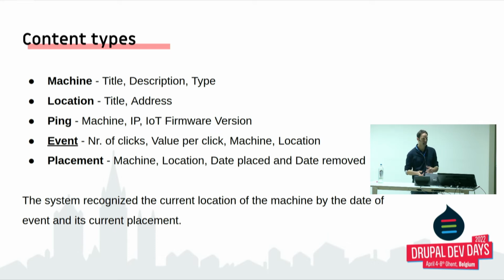Because we have custom code in C++, we have versioning, so it's good to know whenever the device boots to report its version, in case in the future we need to update it. And then the event is underlined. It's pretty much the main type. It stores the number of clicks, the value per click, the machine, and its location.